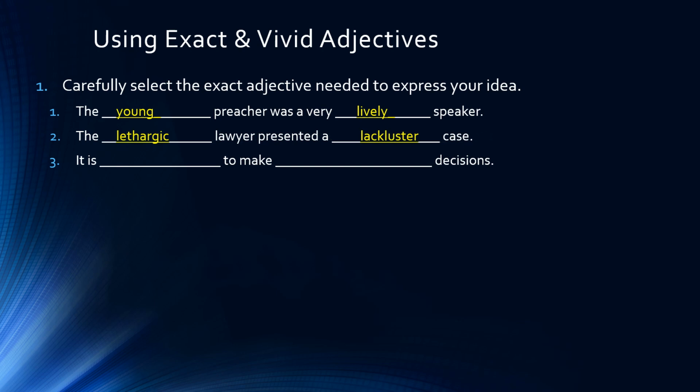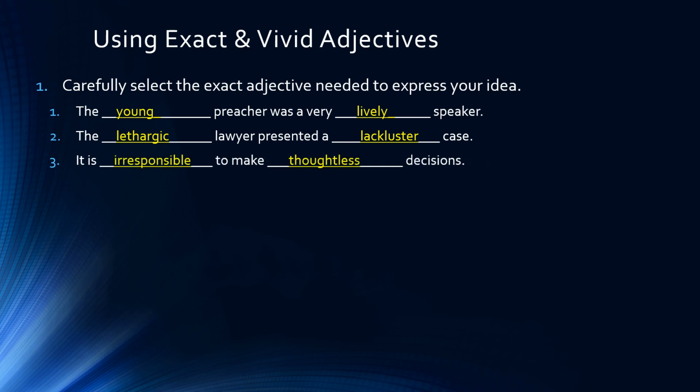Our second sentence could be, the lethargic lawyer presented a lackluster case. Or adjectives that would describe it in any way that we would like to communicate. The educated lawyer presented a surefire case. We can present it in any way to make sure that we're getting our point across.